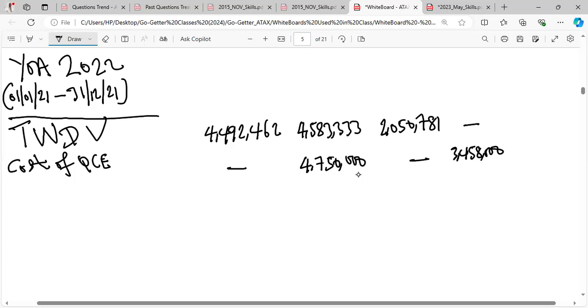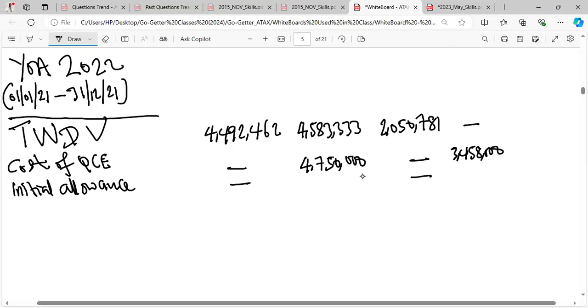Okay, so because you have assets you bought, you will need to calculate initial allowance. Your initial allowance, this one will be dash because nothing was bought here. Here will be dash, nothing was bought.